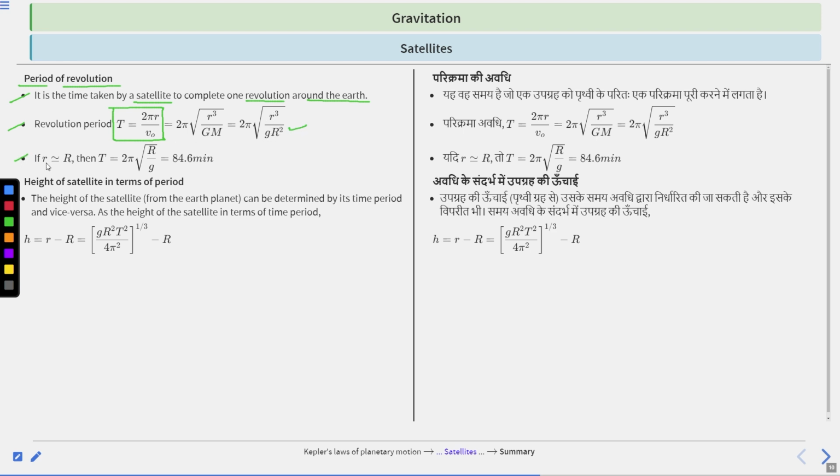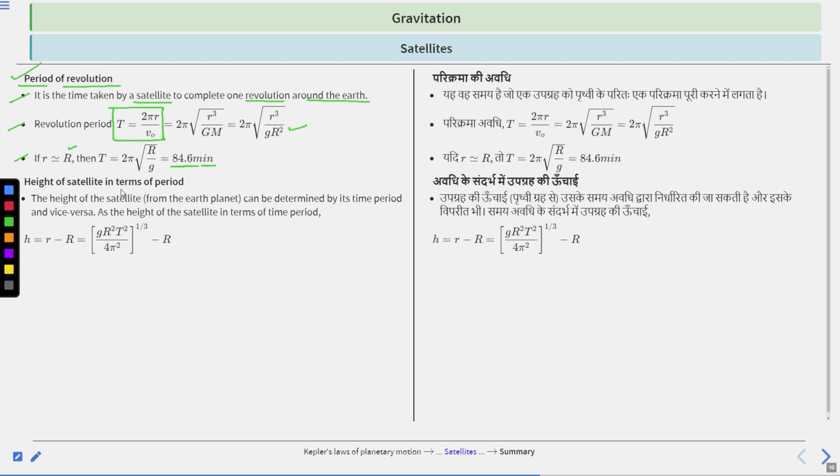So if r is approximately equal to R, then T is equal to 2 pi under root R divided by g, where R is the radius and g is the acceleration due to gravity, which is equal to 84.6 minutes. Clear? So this is the period of revolution.